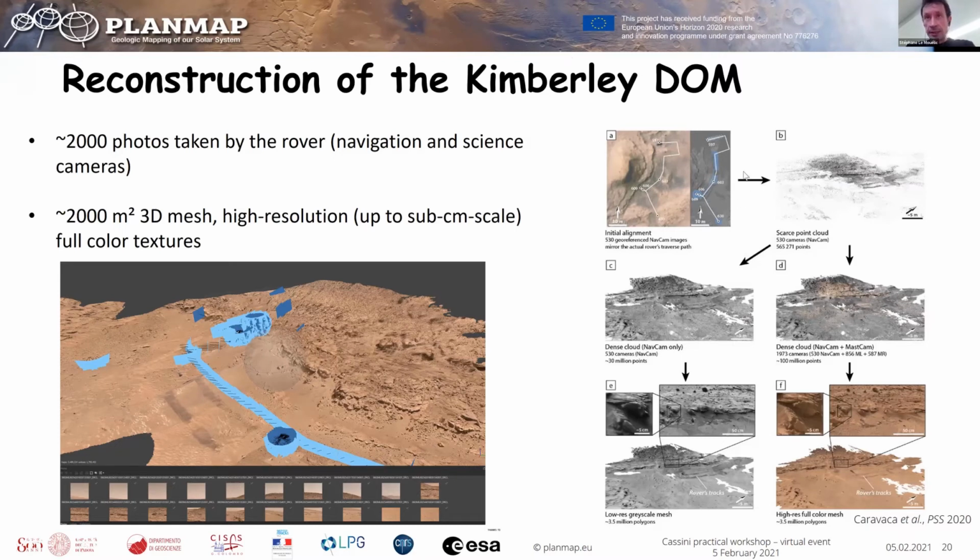The steps consist in finding where the images have been taken. Then by using the matching points between all overlaps, we are able to produce a 3D point cloud here. And then the 3D point cloud can be wrapped with pictures, so with mosaics of the images, in order to obtain a 3D model which is as accurate as possible of this area covering the Kimberley region.